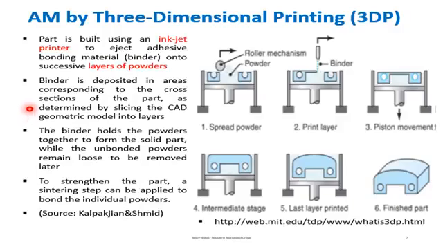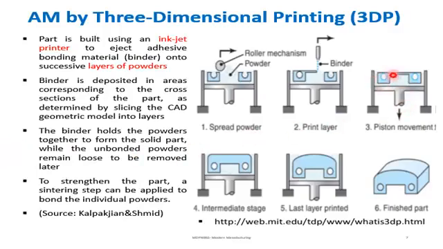This is the tessellation. So here we have a platform and we have a container. We can have a layer of the powder, and upon subjecting this layer of the powder to the adhesive bonding or binder, which is ejected by the printing head, the layer becomes solid, in fact, with the dimensions and characteristics that describe the original slice of the part. The binder holds the powder together to form the solid part, while the unbonded powder remains loose to be removed later.